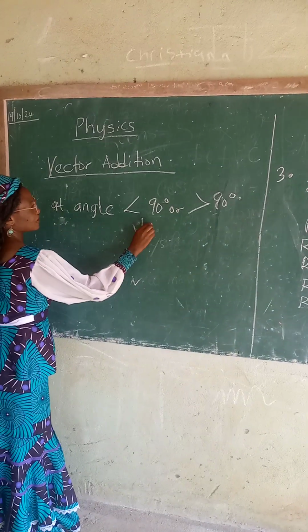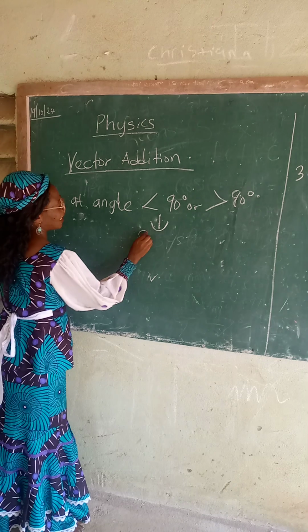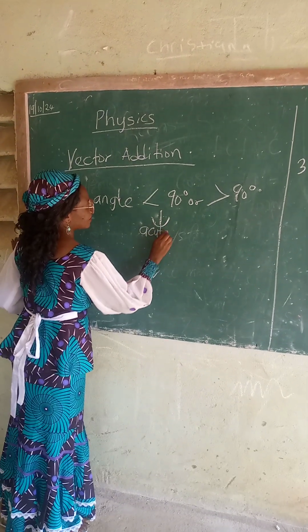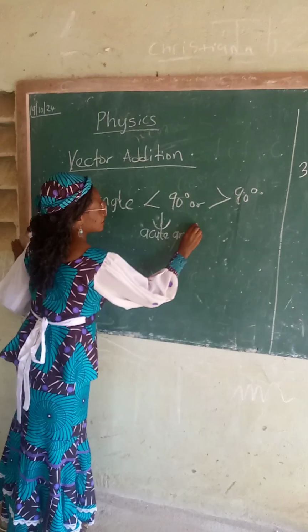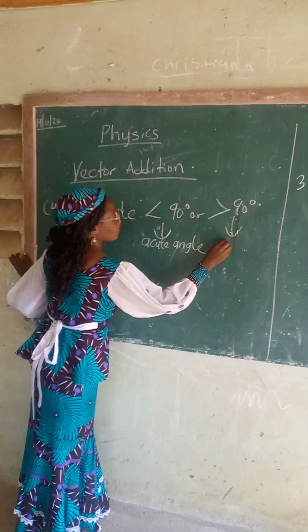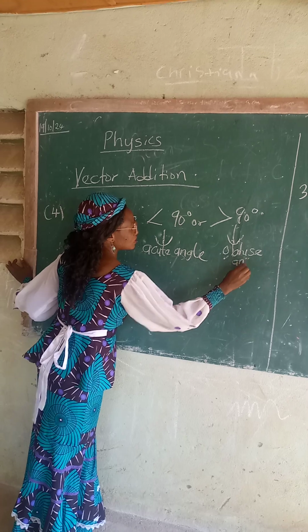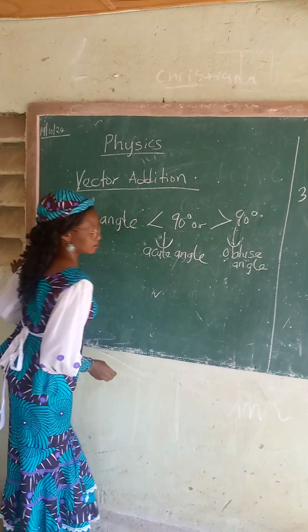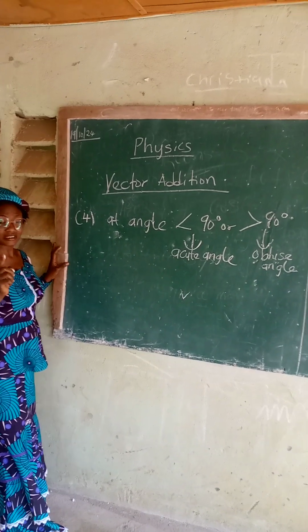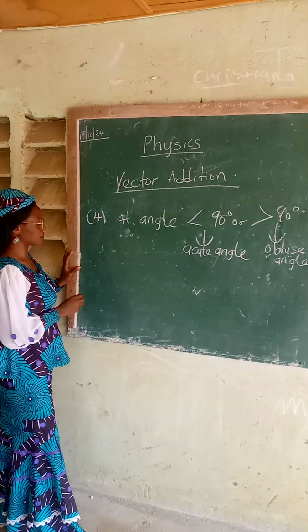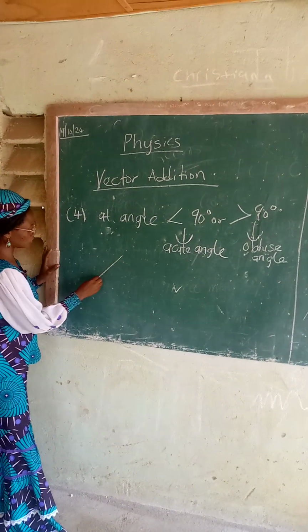So this is synonymous to acute angles, and then this is what we call the obtuse angle. If it is less than 90 degrees, your diagram will look this way.